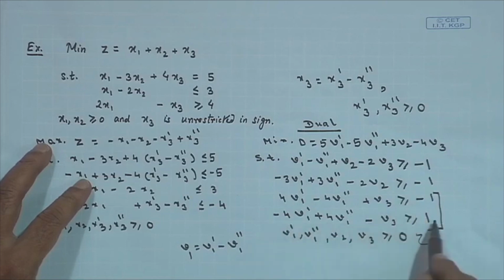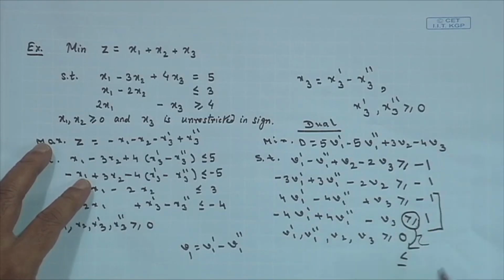If I multiply minus on both sides of the second equation, then this equation will be converted into less than equals. It will be 4 v 1 dash minus 4 v 1 double dash plus v 3, which is less than equals minus 1.